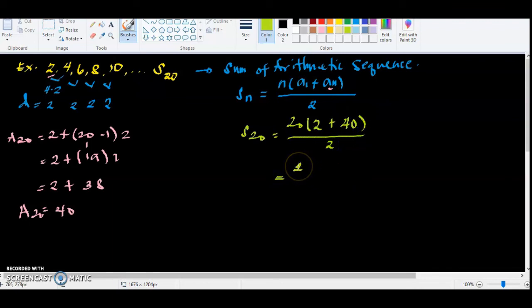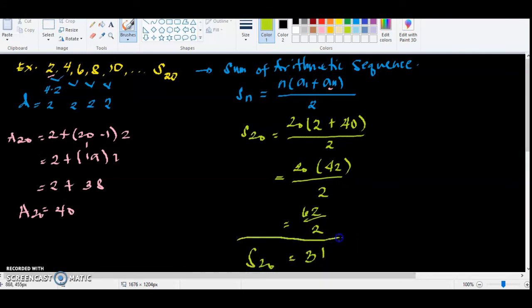So you have now 20 times 42 over 2. So we have here 62 over 2, and we have to divide this one. So the sum of the 20 terms now is 31. Okay, because that's 62 over 2.